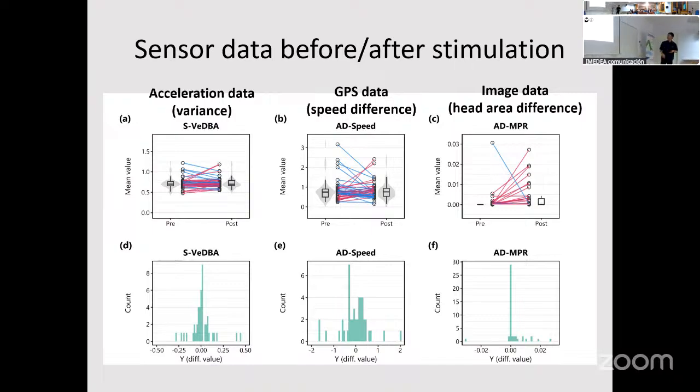But of course there are no predators, so they do not change, for example, the moving direction, and they do not perform escaping behavior. Therefore, we could not identify a difference between before and after the stimulation in acceleration and GPS. But this is a very conceptual experiment, and we need to find a meaningful result.